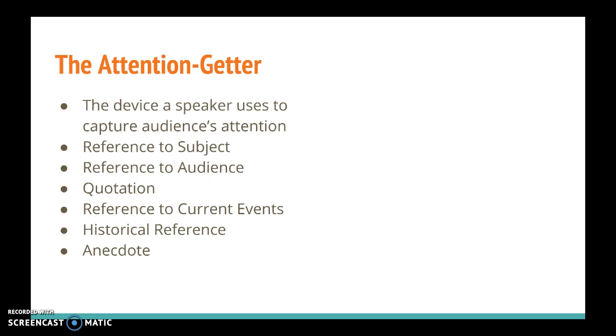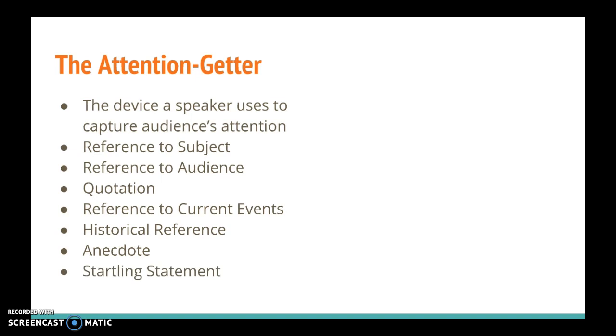And so when we are using these anecdotes, we're able to take whatever topic it is we're talking about and put a face onto that topic, make it more personal for the audience, make it understood that this is something that affects real people. So you can use anecdote to really capture your audience's attention and really get them interested in the world of your speech.